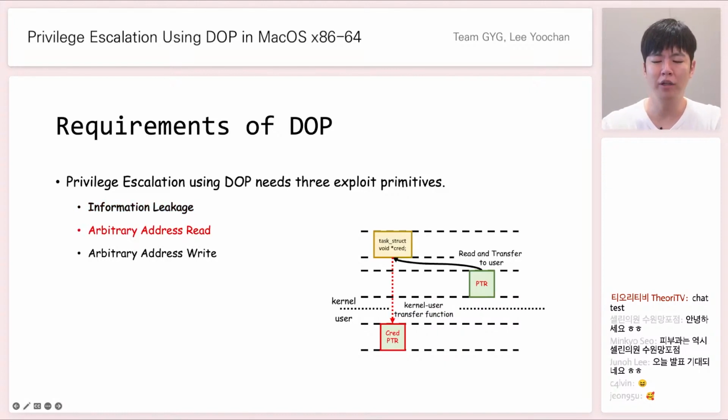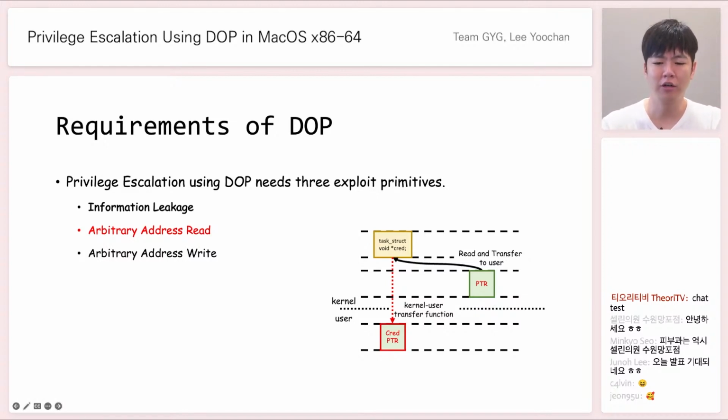After leaking a heap pointer by an information leakage exploit, the attacker needs to find the address of the CRED object. Please note that the kernel exploit using DOP is writing a 0 to the CRED UID element.